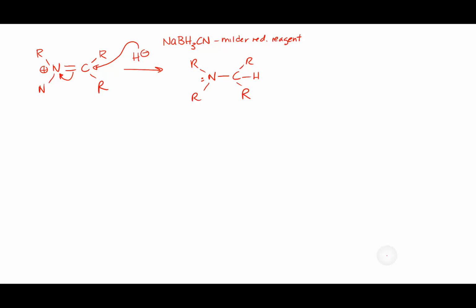So the net result of this was that this part of the amine originally came from the secondary amine. This part, that group with its 2 R groups, came from the ketone. So that is the correct mechanism for reductive amination.